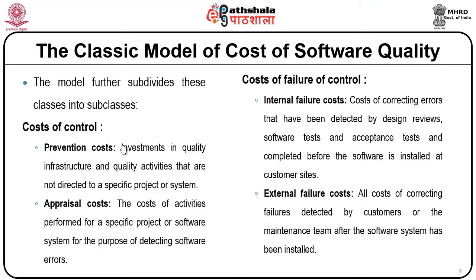External failure costs, all costs of correcting failures detected by customers or the maintenance team after the software system has been installed. Now, coming into external failure cost, consider a software product has been deployed. Over a period of time bugs have been detected.